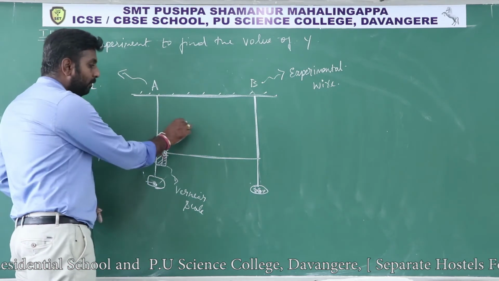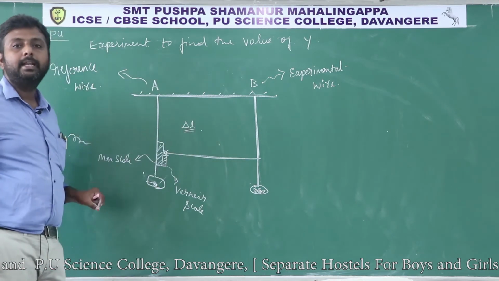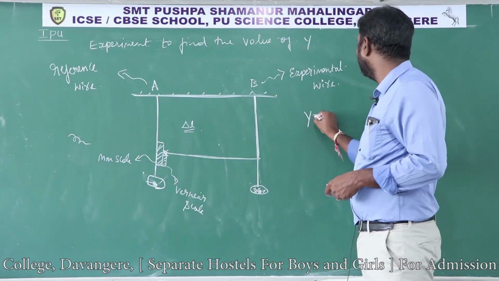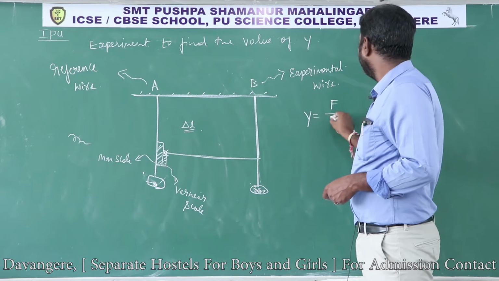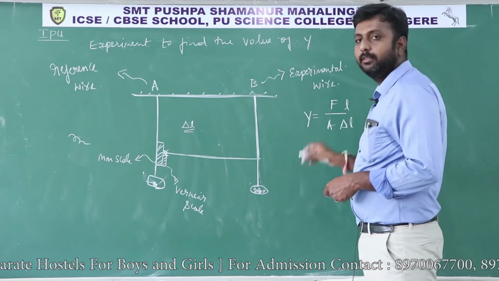Then finally we can find the change in length, delta L. And we know that Y equals stress by strain, that is F by A over delta L by L. This is the formula.